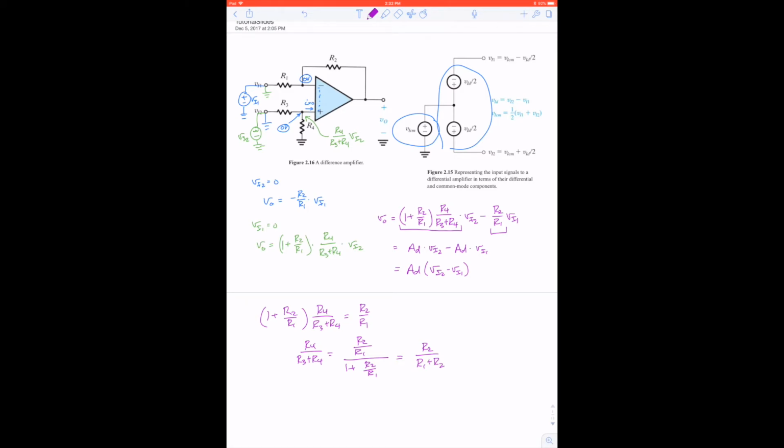We can further rewrite this as R1 R4 plus R2 R4 equals R2 R3 plus R2 R4. The R2 R4 terms cancel each other out, and then we can write this as R1 over R2 is equal to R3 over R4. So when this is true, we have a difference amplifier, and the difference gain will be R2 over R1.